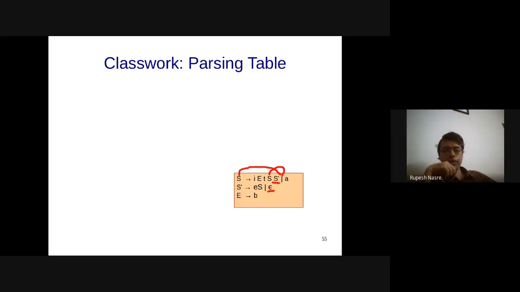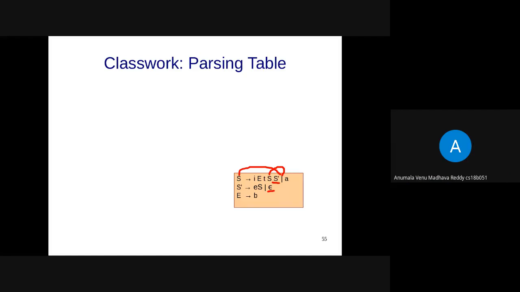Well, that will depend upon whether the next non-terminal which can appear after S prime has first of S in common, right? So it so happened in that example that A deriving epsilon, the next symbol did not have anything common. So we cannot make use of that to say that always it is going to be the case.